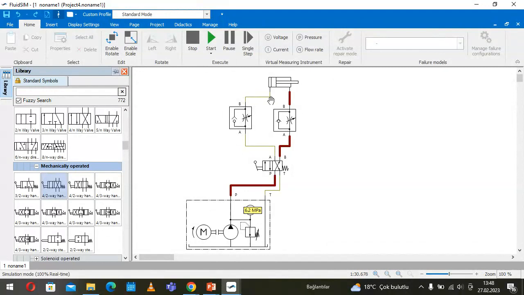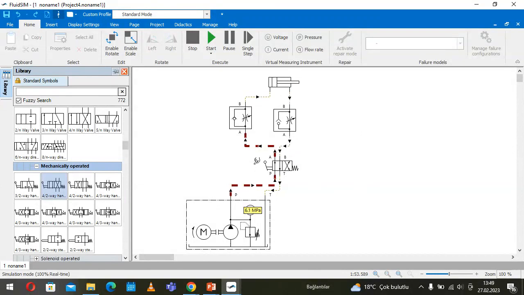The return oil doesn't use the section which is restricted. It uses this line which is open to the tank, and with less resistance, oil or fluid can flow into the tank.